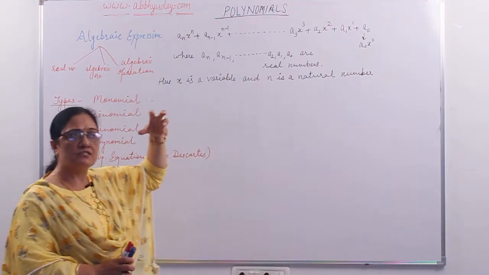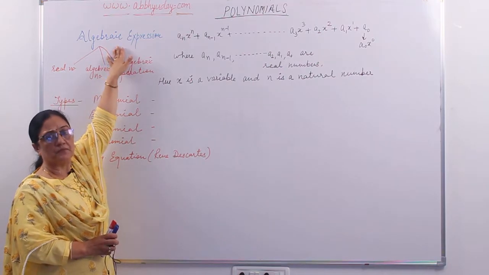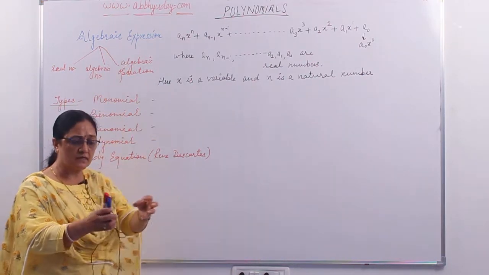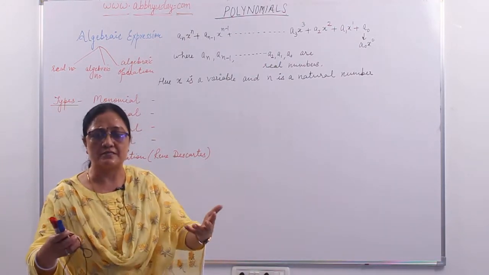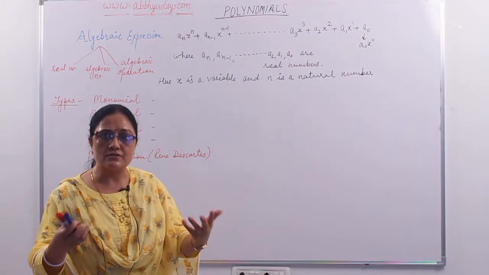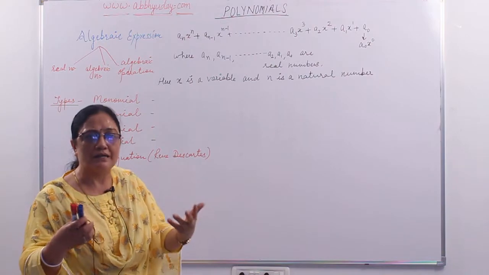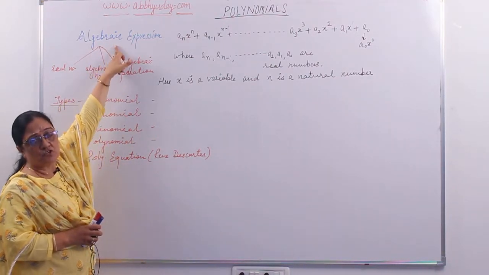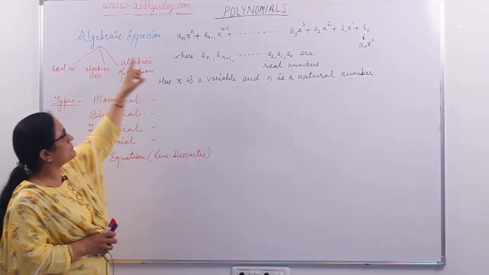Now, what is an algebraic expression? Let's come to that. Expression is a collection of terms actually. Expression is something which you express. आप जो बताना चाह रहे हैं, जो आप एक्सप्रेस करना चाह रहे हैं, यानी आप जिस चीज़ को दिखाना चाह रहे हैं, that is expression. So, an algebraic expression is simply a combination of real numbers you have seen here.